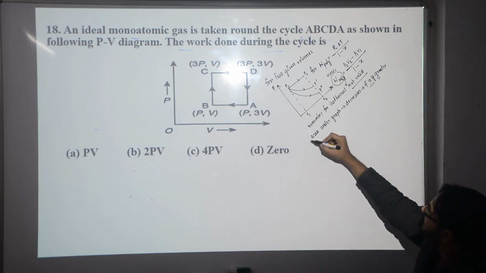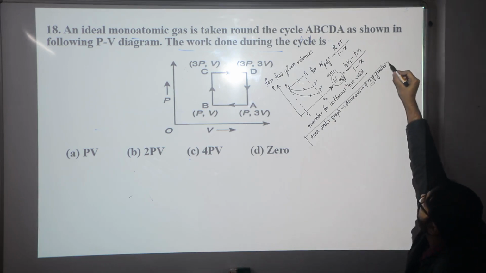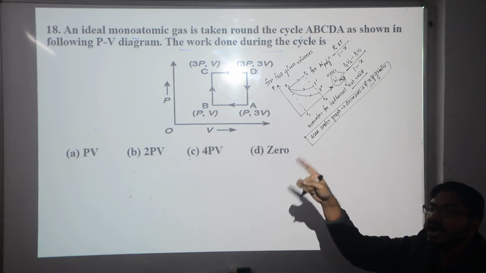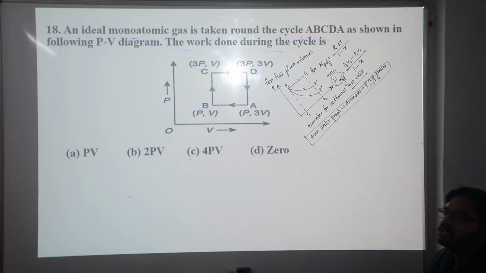Suppose you are comparing two processes, PV to the power half equal to constant and PV to the power 3/2 equal to constant. Which one is more efficient in producing work? PV to the power half equal to constant, as half is less than 3/2. Am I making my point? I am repeating once more.